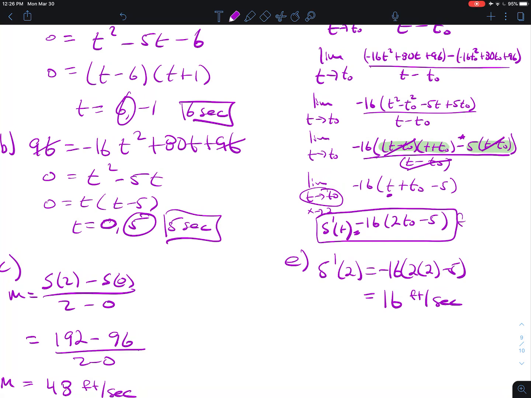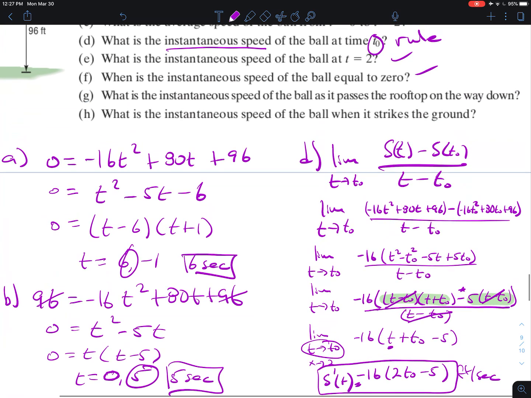I guess this is in feet per second as well, but hopefully no big deal. Now that we have the rule, you can fire away and find all those instantaneous rates of change at these different values.